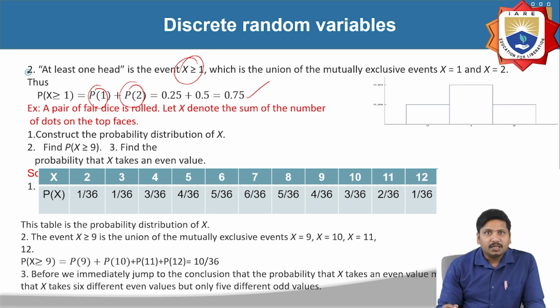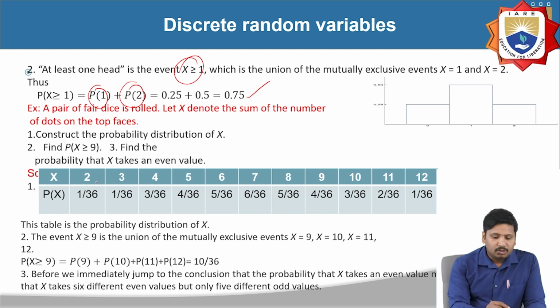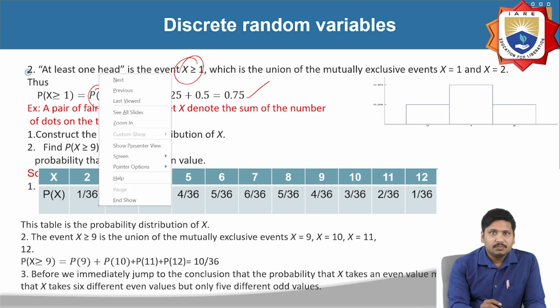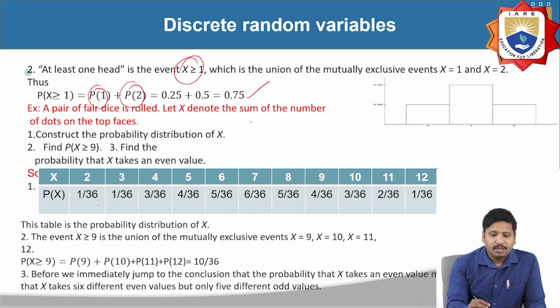Let us consider another example: a pair of dice is rolled and X is the number of dots on the top faces. For that we have to construct the probability function and find the probability where the X value is greater than 9, that means the sum value should be greater than 9. Suppose X takes values starting from 2.